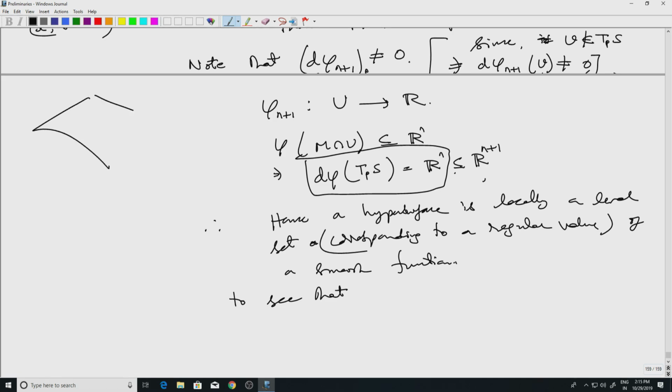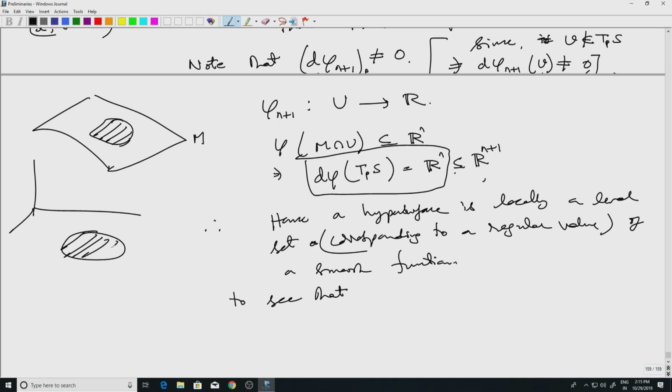So I have a manifold, a hypersurface M, and I'm looking at a small portion of it, and my slice chart is pushing it down to this. The slice chart is actually defined on an open set in Rn plus 1, not just an open set in M, but it takes this to this. And so I would like to think of the red portion as a graph over the green portion.